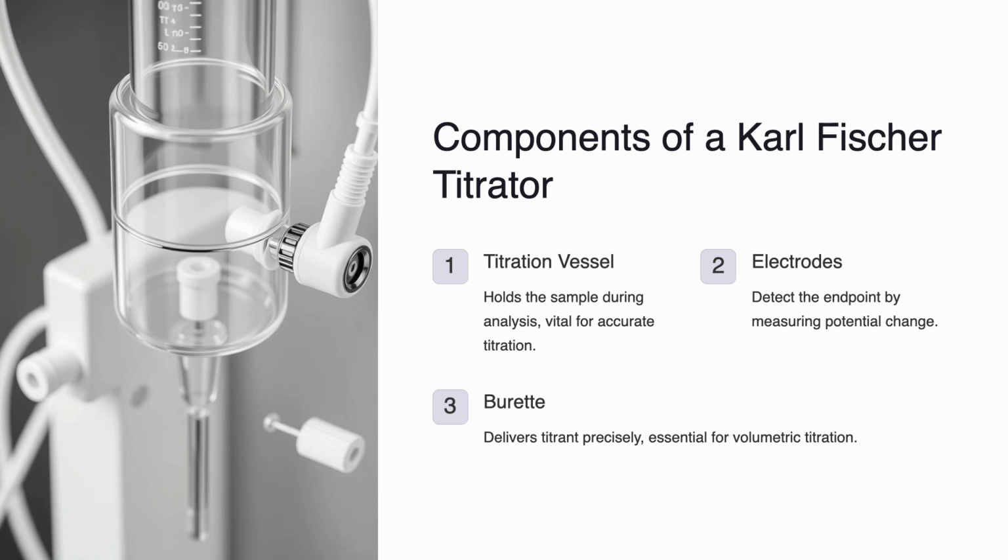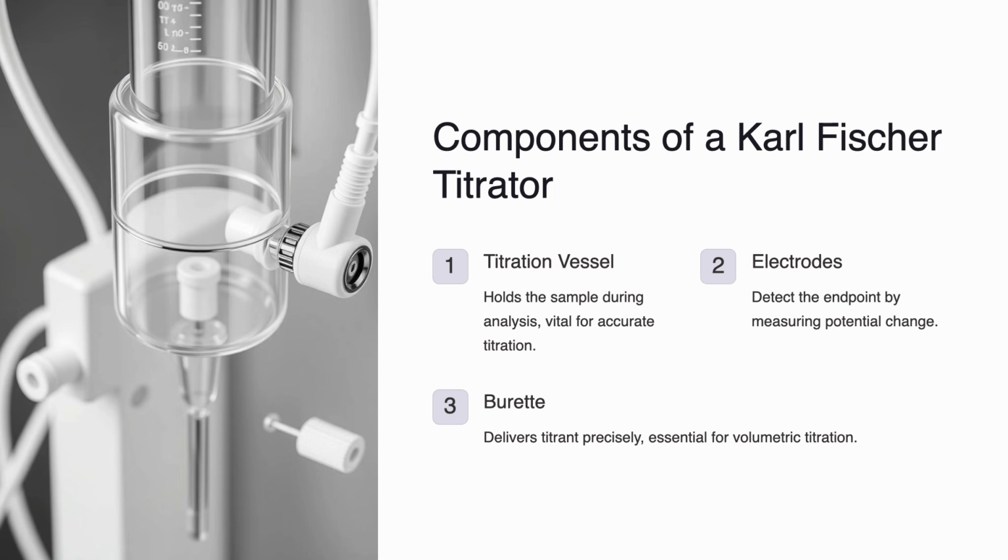Then the burette. In volumetric titration, the iodine solution is dispensed from a burette into the titration cell. The burette is connected to a control system that automatically adjusts the flow rate of the titrant based on the real-time titration curve. Further, other instruments can also be used, such as the electrochemical detector, which monitors the presence of unreacted iodine.